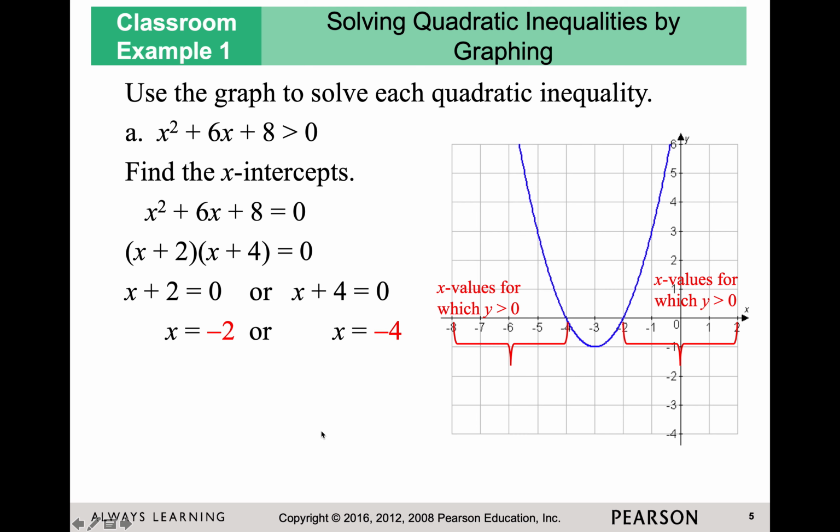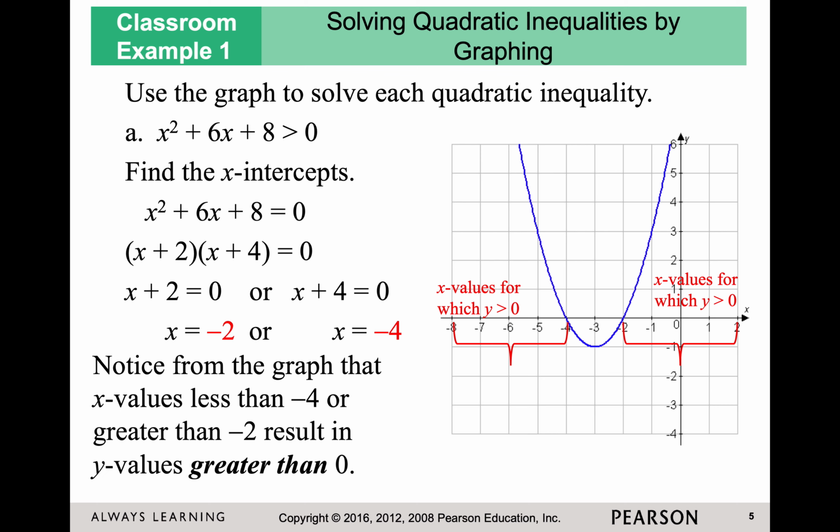I want to know what y values are going to be greater than 0, but still belong to that graph. If you notice the graph of the x values, the values that are between -4 and -2 result in y values less than 0.